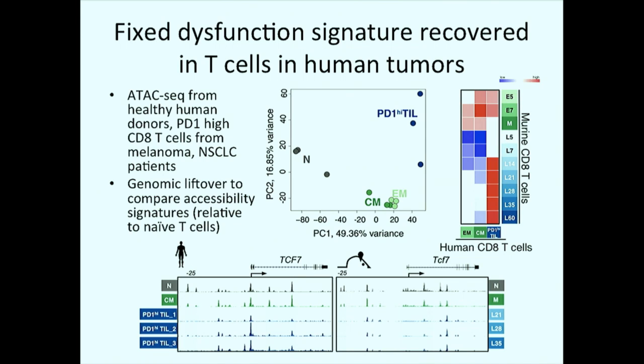This is pre-treatment. Okay. And you can see if you do ATAC-seq in these patients versus naive and memory cells from healthy donors, the TILs from patients look different than the normal T cells.